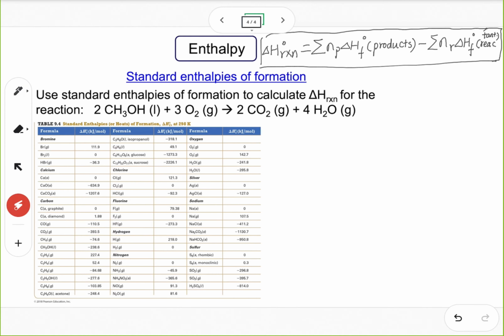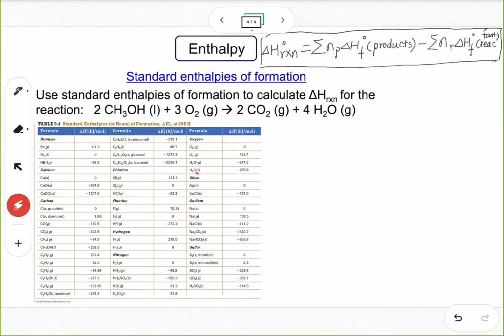All right, now according to the equation here, we need to consider products first. You have two products, carbon dioxide and water. Pay attention to the state, okay? Because if you take a closer look, water in gas state is associated with the enthalpy of negative 241.8 kilojoule per mole, and water in liquid state is associated with negative 285.8 kilojoule per mole.